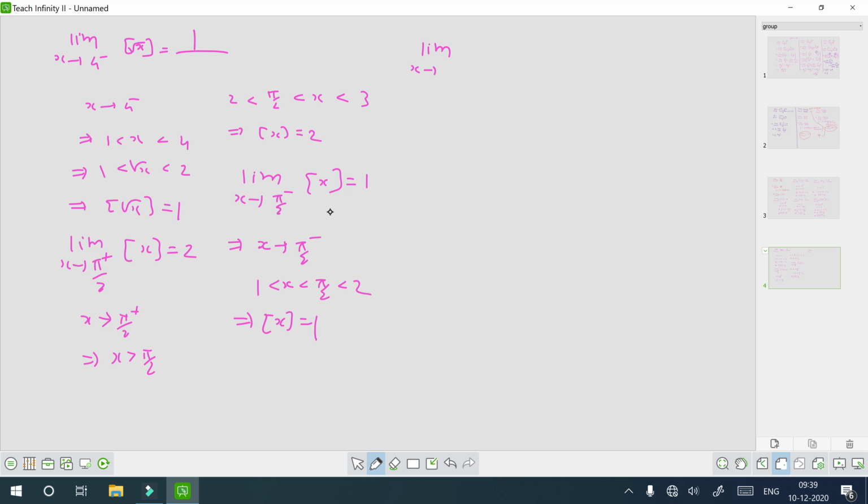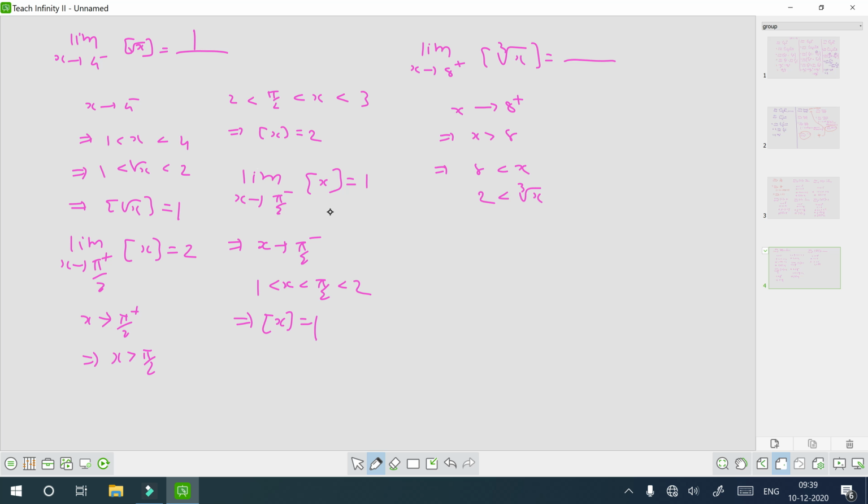Next let us see, limit x tends to 8 plus, integer part of cube root of x. Now x tends to 8 plus means x is greater than 8. That is 8 less than x. Here we need to take cube root of x.